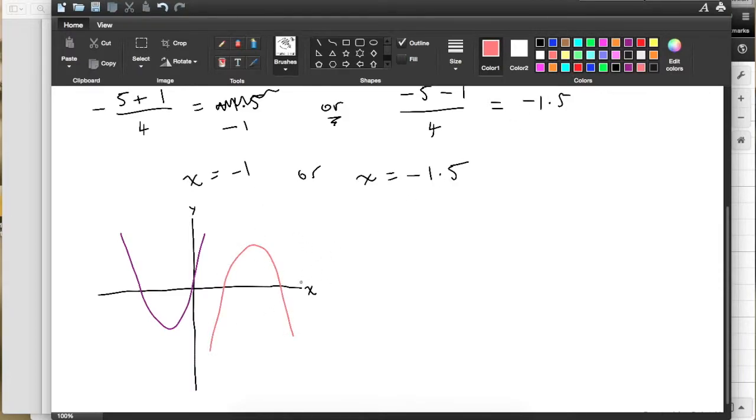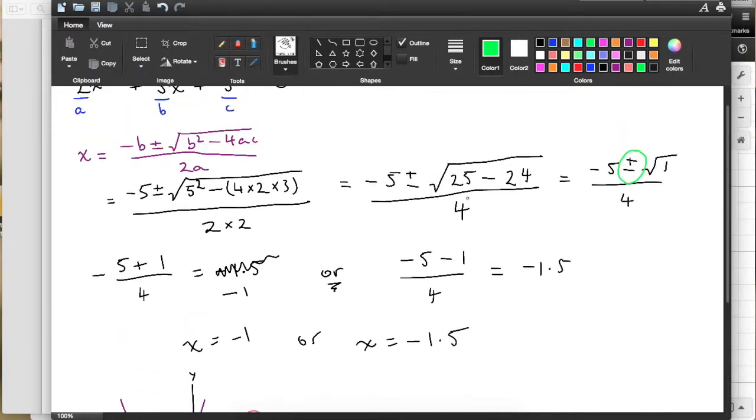You don't know yet what this parabola is going to look like because you haven't got the skills yet to graph it, but we know that a parabola usually has two x-intercepts, because that's where it cuts through the x-axis. And that's why x could have two different values here.